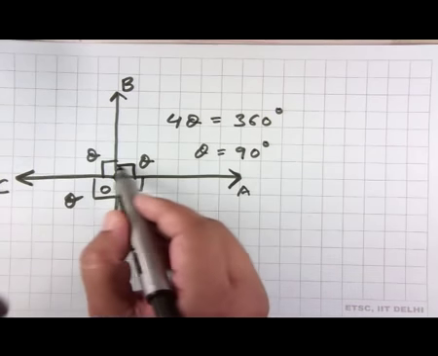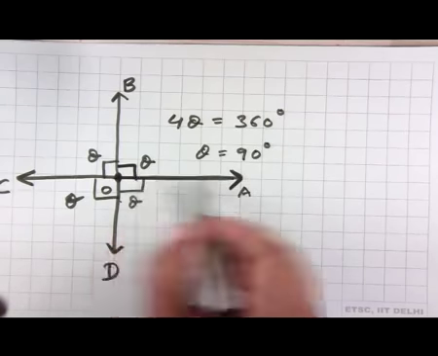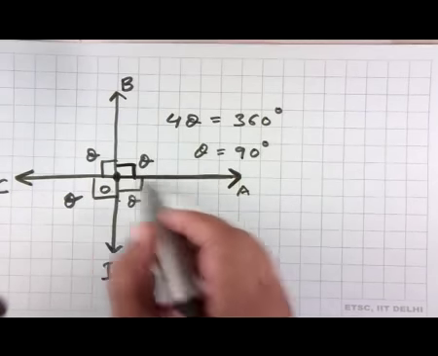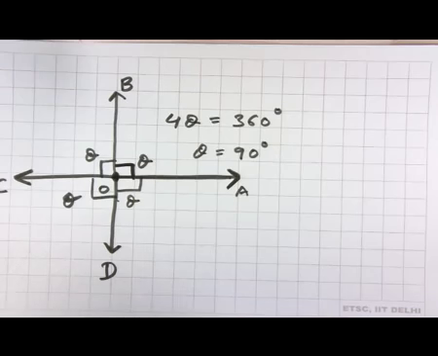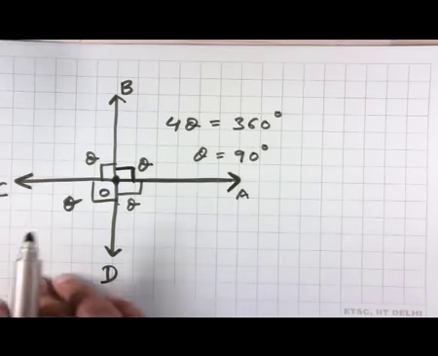And that is why if you change from a lying down position to straight upright, the amount of rotation that this ray would have suffered is 90 degrees.